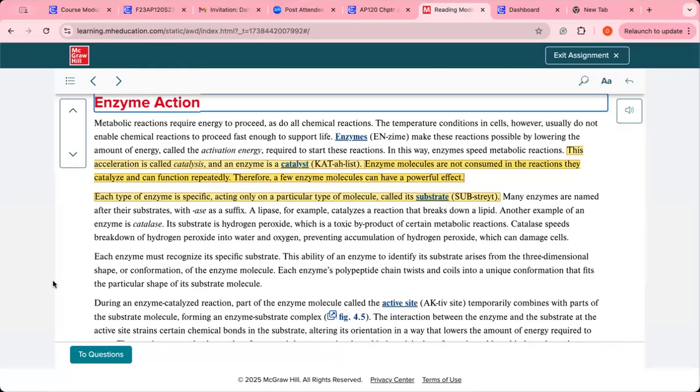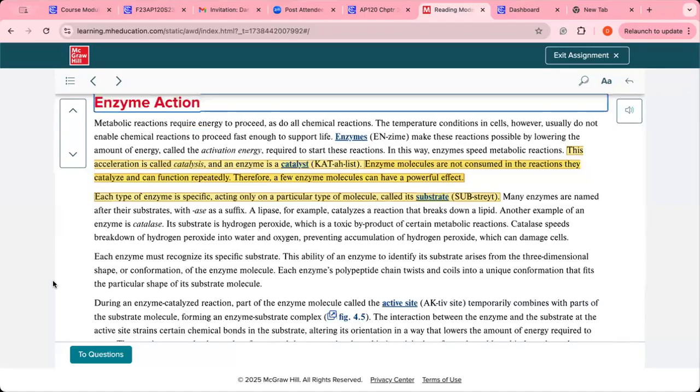Well, because it says enzyme molecules are not consumed in the reactions they catalyze and can function repeatedly.